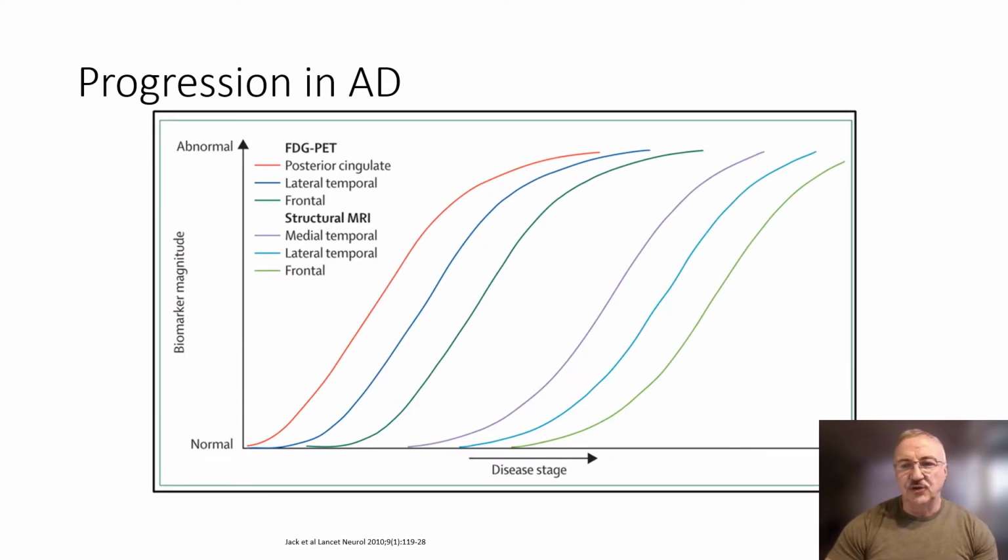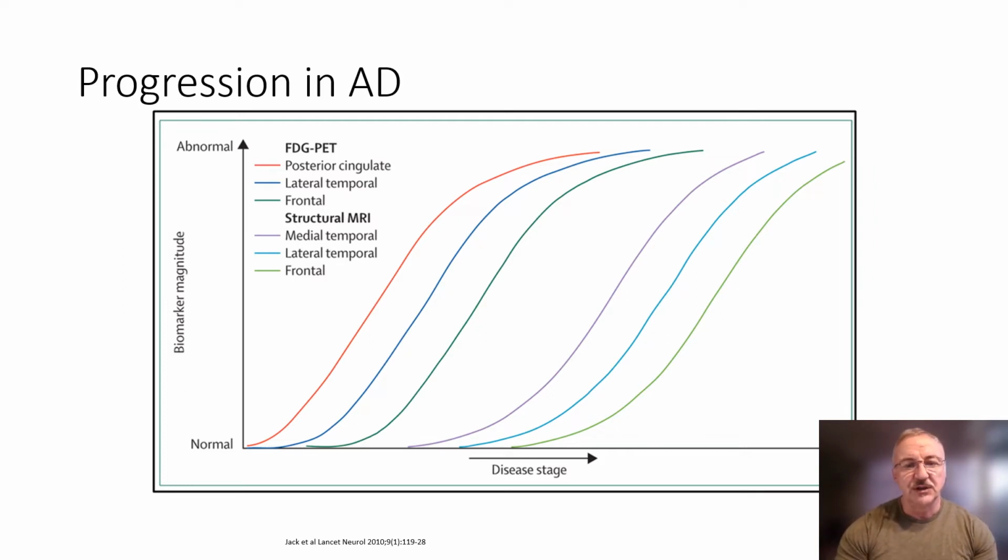Part of the proposal is that we see FDG changes far earlier than we see structural changes, because we're imaging that synaptic loss and the neuronal death.